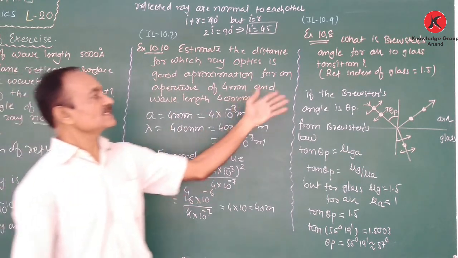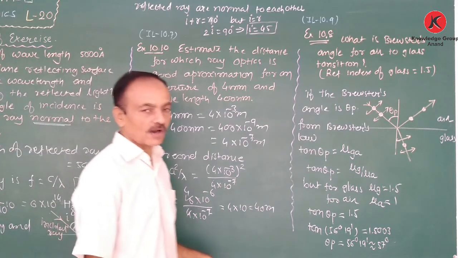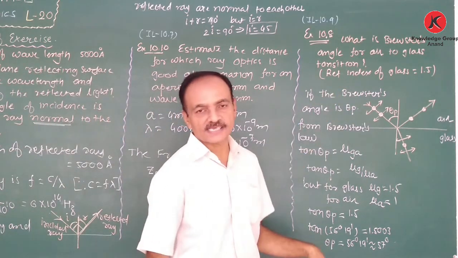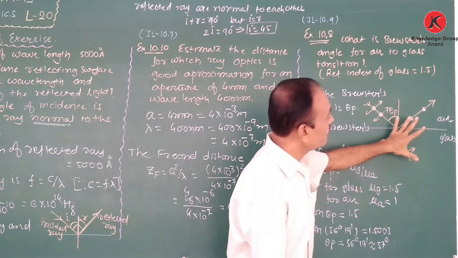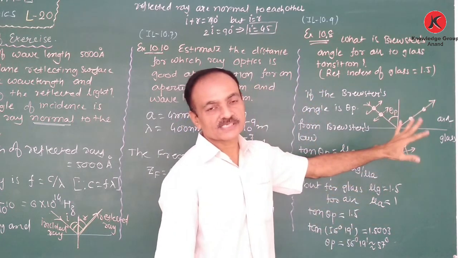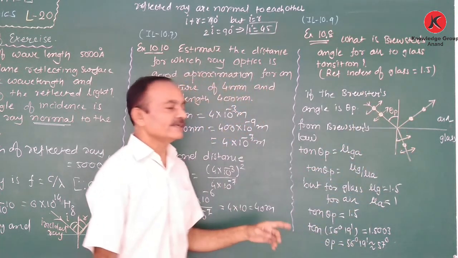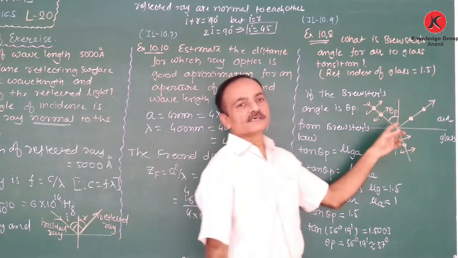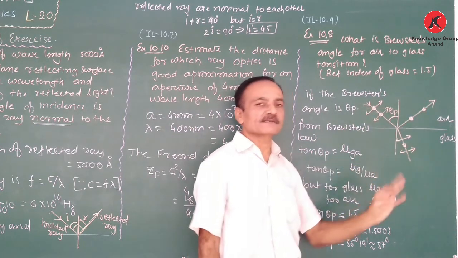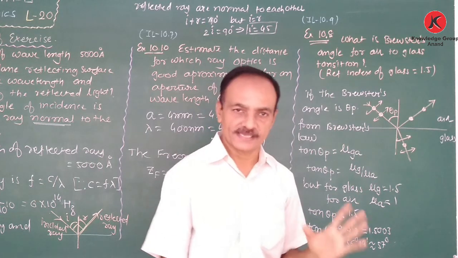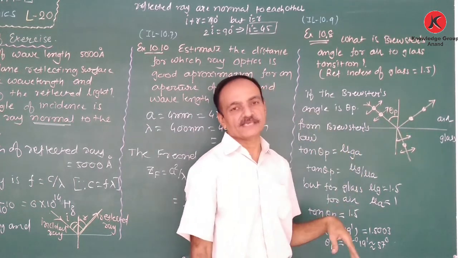Now next, what is the Brewster's angle for air to glass transition? The effective index of the glass medium is given as 1.5. Here the figure is only for knowledge. What is Brewster's law? The tangent of the angle of incidence for which the incident ray becomes perpendicular to the reflected ray is equal to the effective index of the medium.